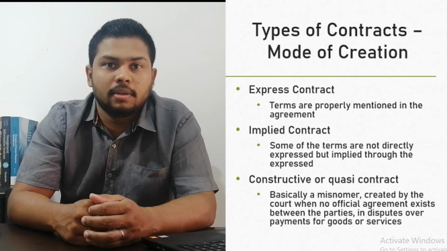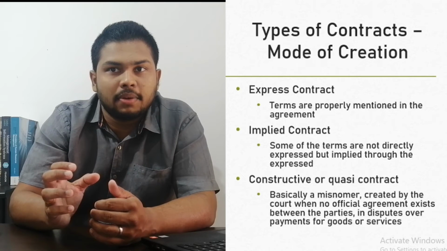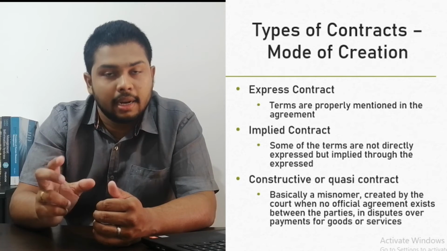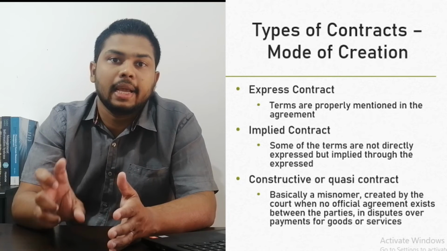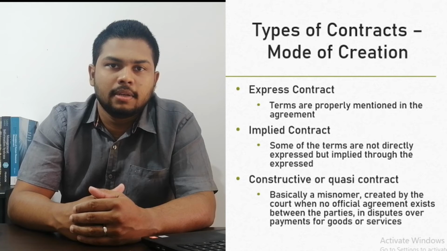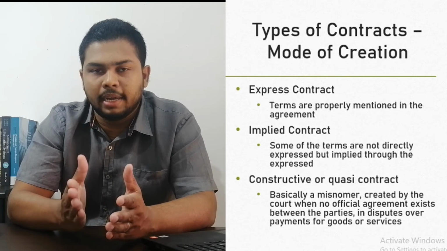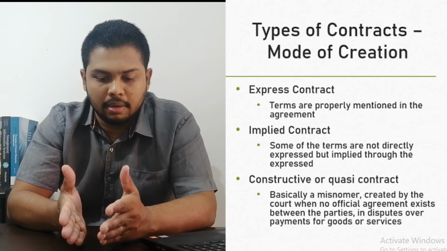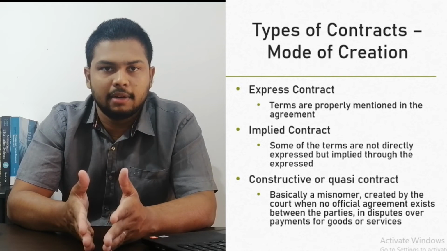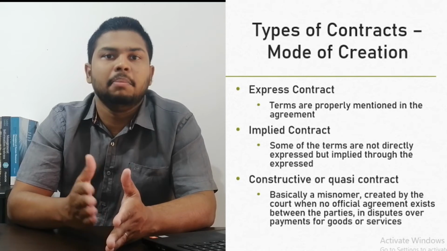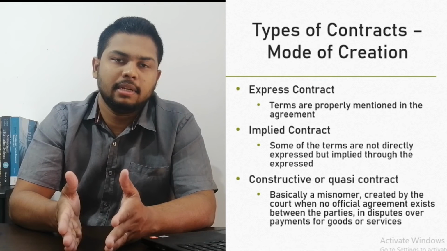That is what we implied. And the previous one was whatever we expressed in our contract. So expressing a contract should not allow another thing to be implied in the contract.